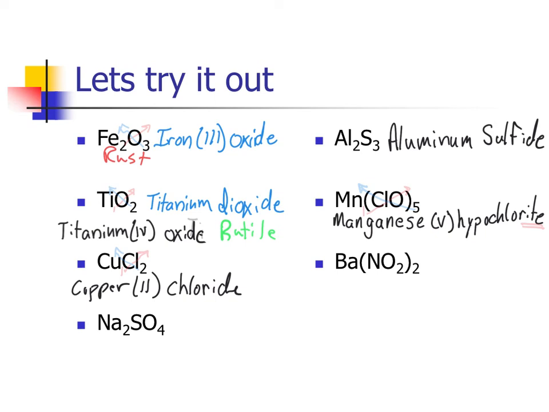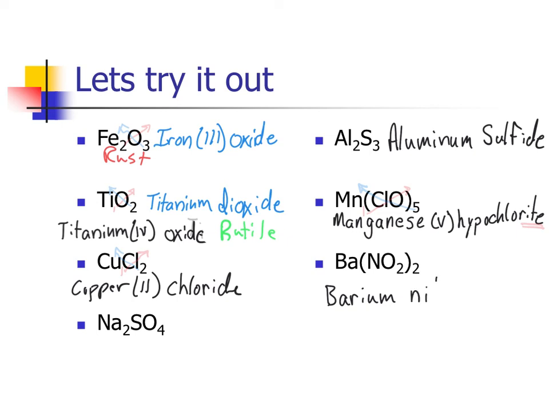The next example, Ba(NO2)2, with the NO2 inside the parentheses and the 2 on the outside. Barium is not a transition metal, so we don't have to do a reverse crisscross, and so we would just write what it is, barium. The fact that we have something in parentheses is again the red flag of going, hey, we've got a polyatomic ion here.